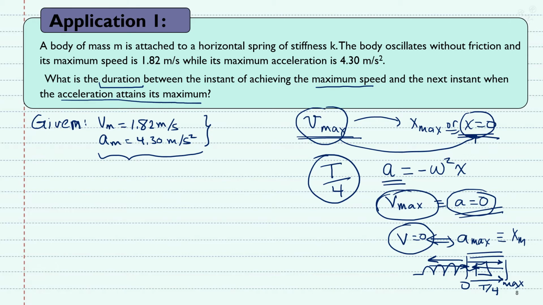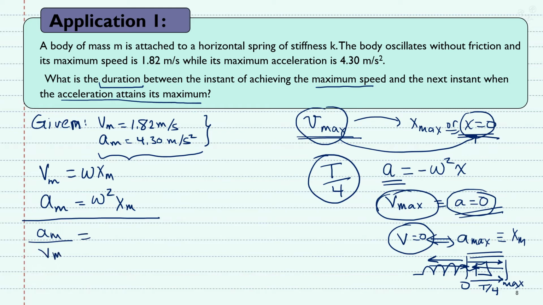Now let's calculate it. We know that Vmax is omega multiplied by x max. We know that A max is omega squared x max. Notice that we've dropped the negative because we are just dealing with values. Now dividing A max over V max, omega cancels out, x max cancels out, omega squared in the numerator cancels with 1 omega in the denominator, and we'll have omega here.